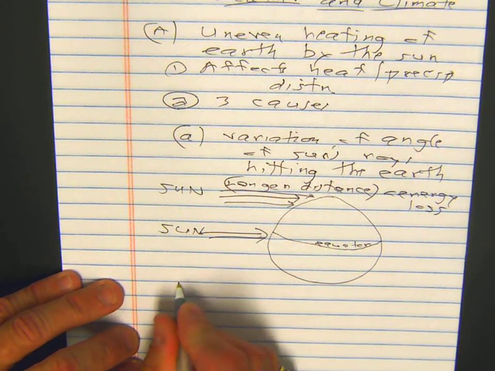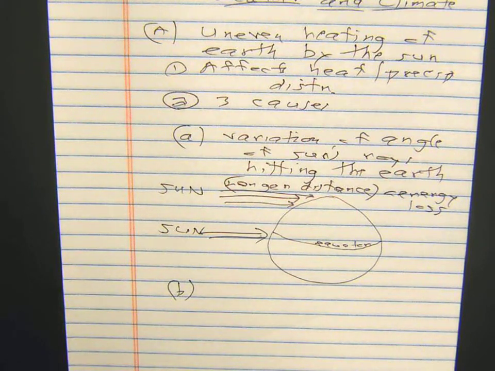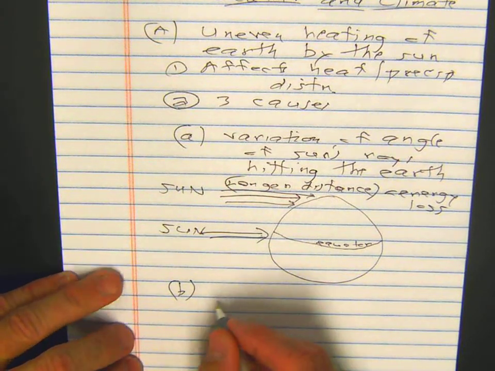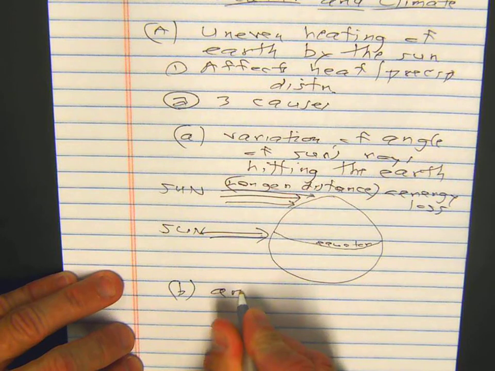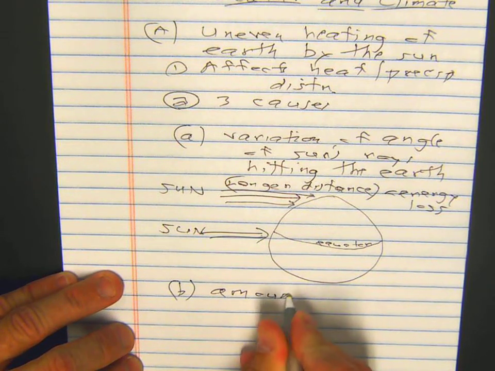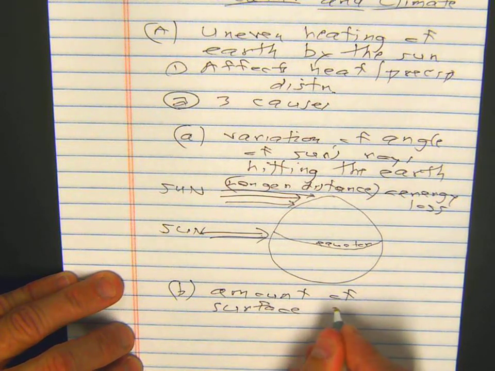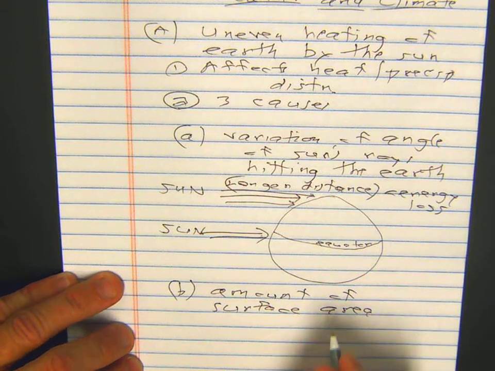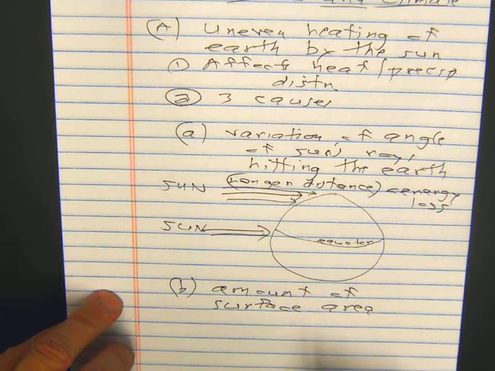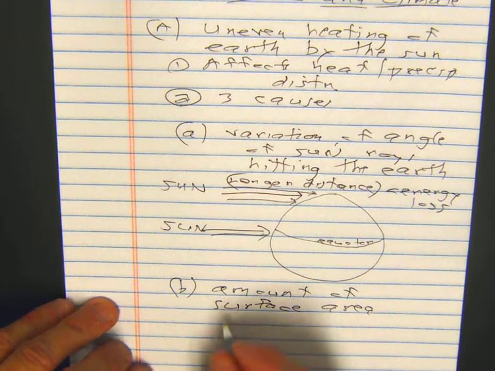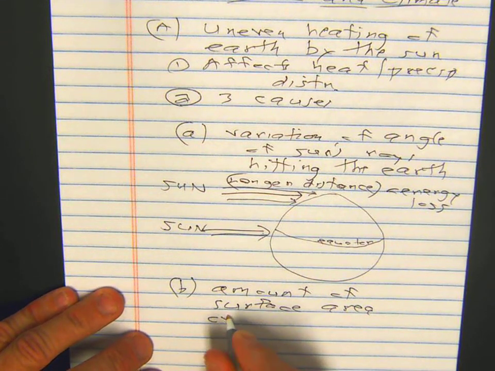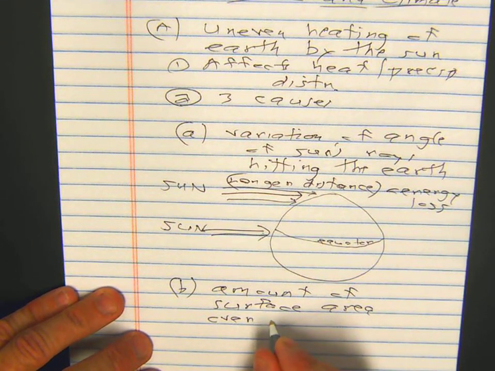The second factor kind of has to do with the angle, but basically the second factor has to do with the amount of surface area over which the sun's rays strike the Earth at different points.